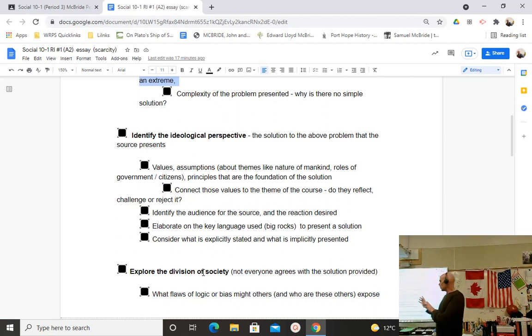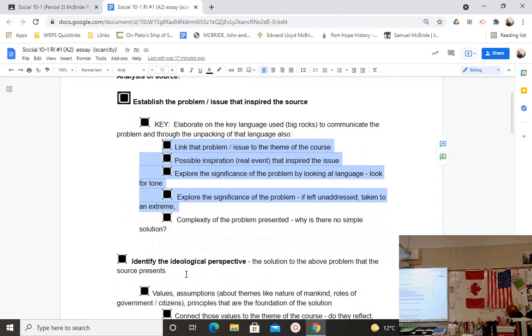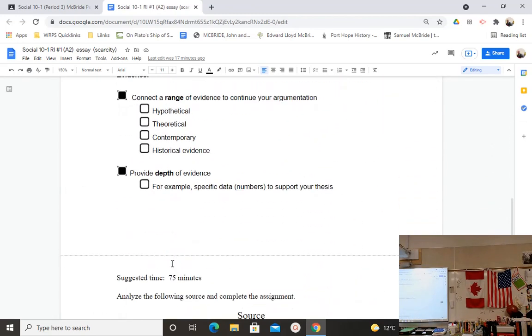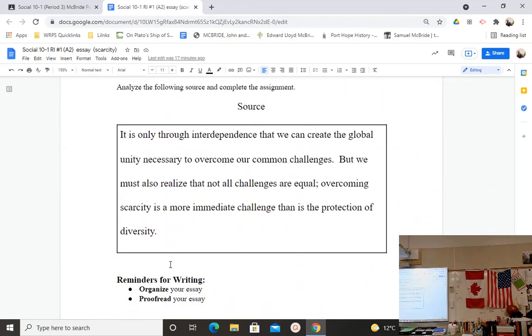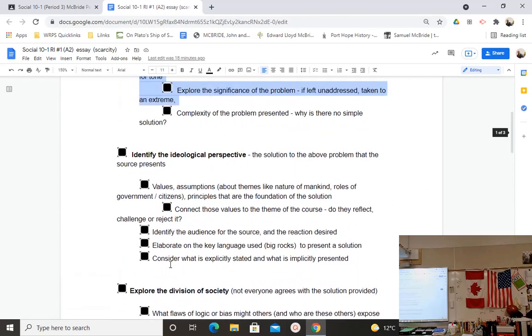Now, it should be said before we get into the ideological perspective, we do need to connect that problem to the theme of the course, right? Now, the theme of this course is globalization. I think we can see a connection with the problem of globalization. So when we look at the ideological perspective, I think we're going to be able to find a perspective that comes back to globalization.